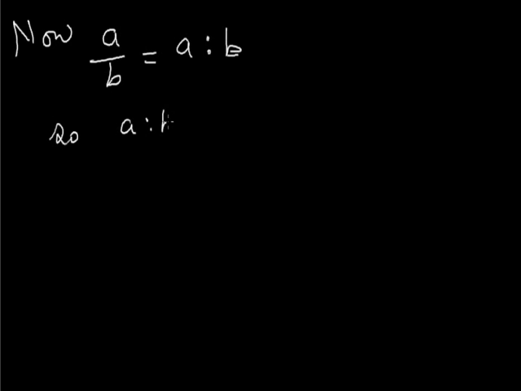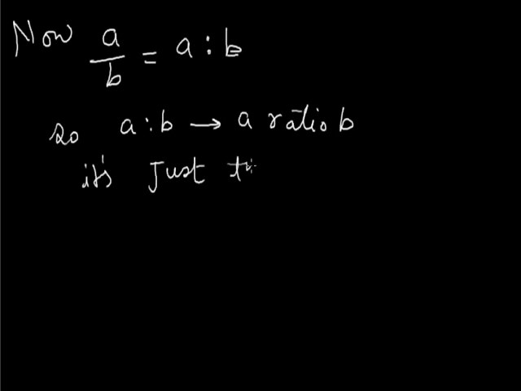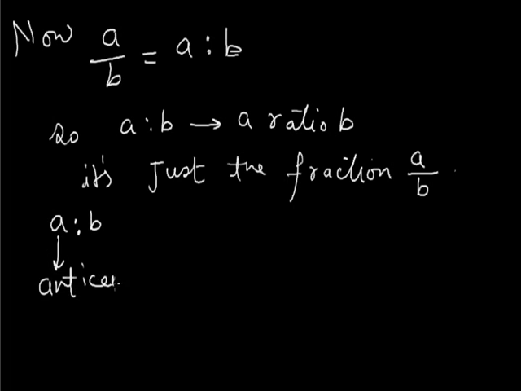A ratio B is read as A ratio B, and it is just the fraction A upon B. In this expression of ratio symbolization, the first term A is called the antecedent, whereas the second term B is called the consequent.